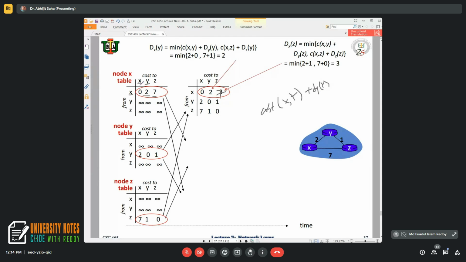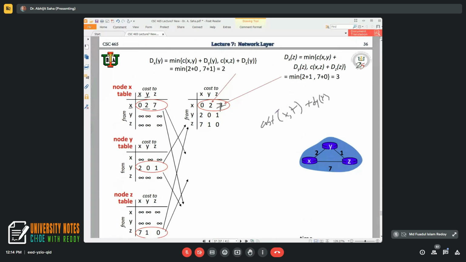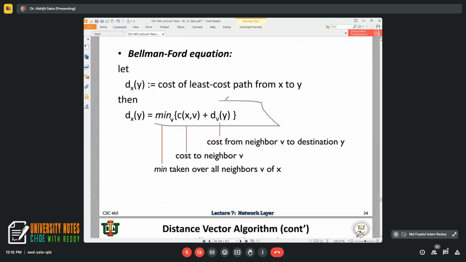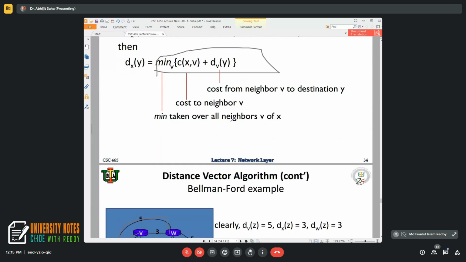Because y is my destination that I am searching for, from x to y. Where did I get this formula? From Bellman-Ford, which we did yesterday: the cost of x to v plus dv to y.